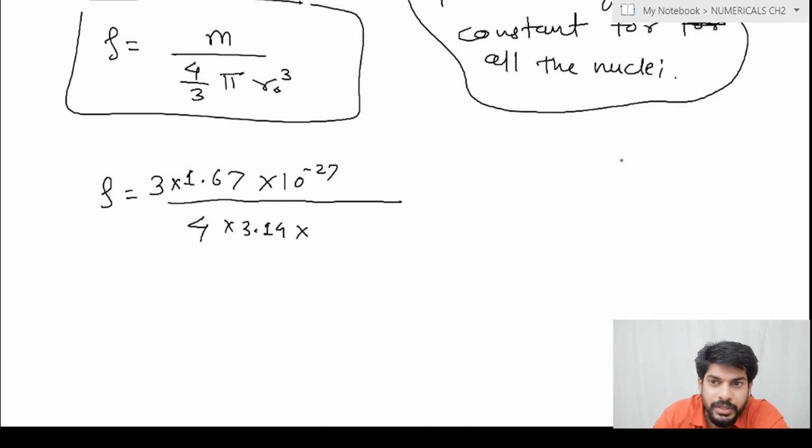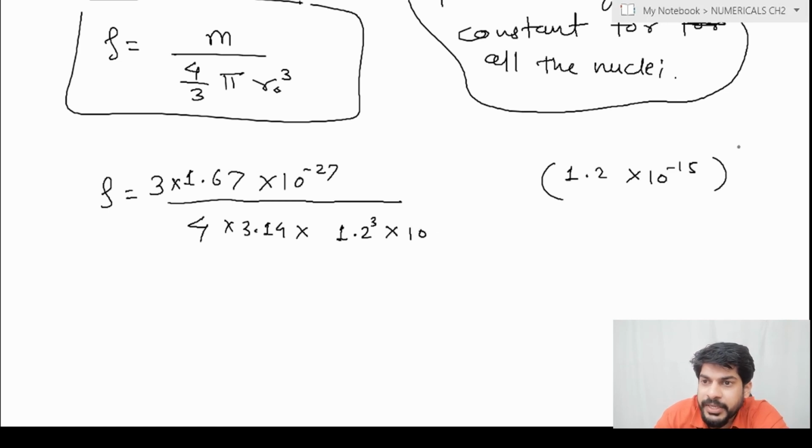What is R naught? R naught is 1.2 into 10 raised to minus 15, in meters. Now we have to cube this. So it is 1.2 cube into 10 raised to minus 15 cube. What would it become? It would become 10 raised to minus 45.